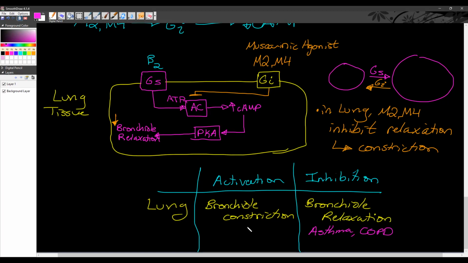You're allowed 4 a year, Sarah. You can kill 4 people a year. Muscarinic agonists are not a good idea for severe asthmatics, severe COPD. Not a good idea.